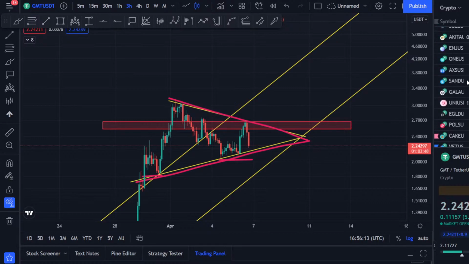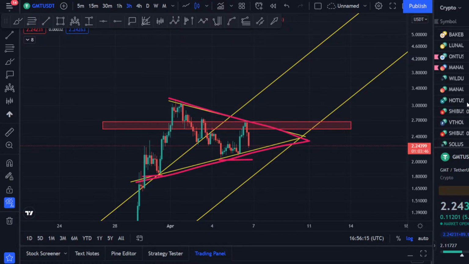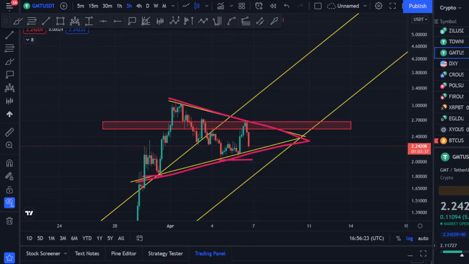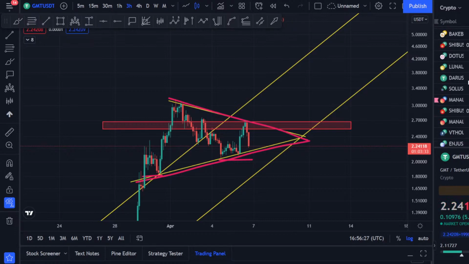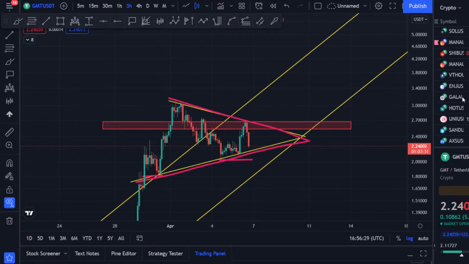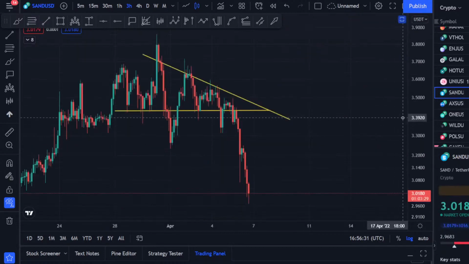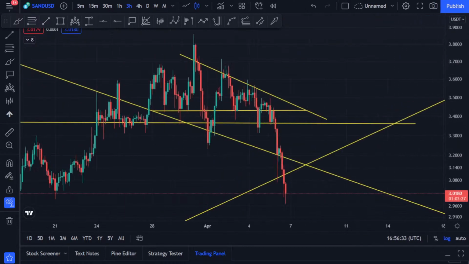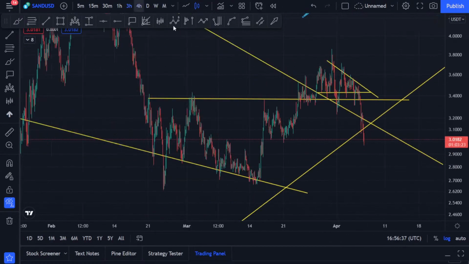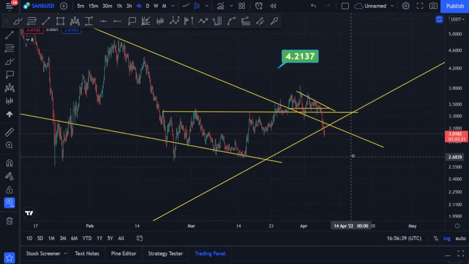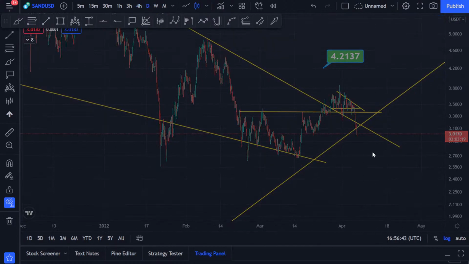It was right over here making all the crazy moves today. Right over here at $3.01. Wow, look at this, what happened to SAND. Yeah, SAND is taking a beating at the moment.